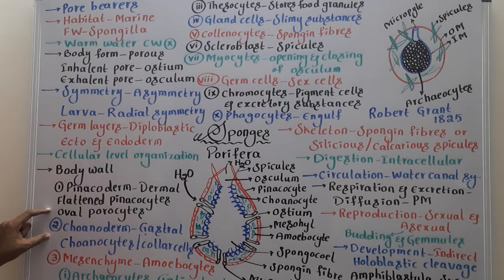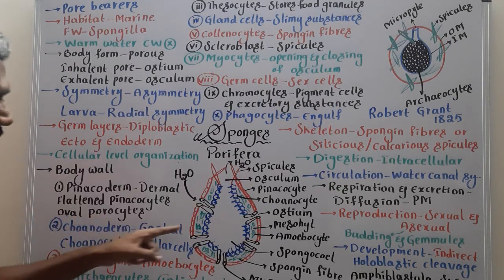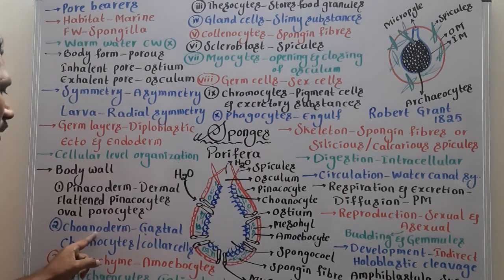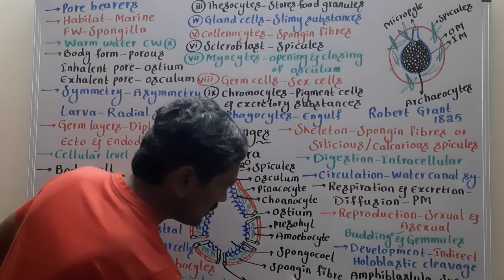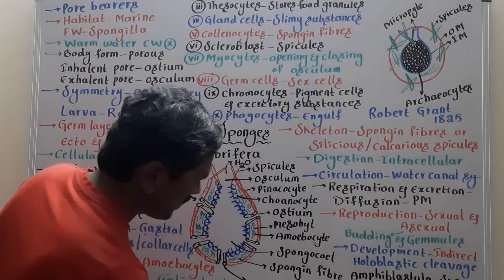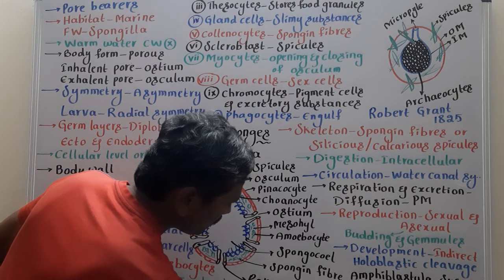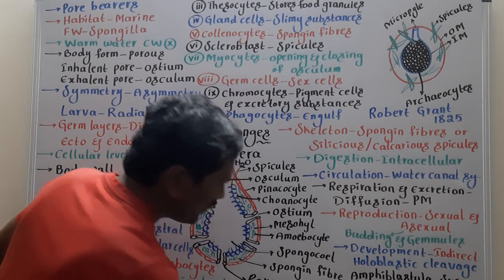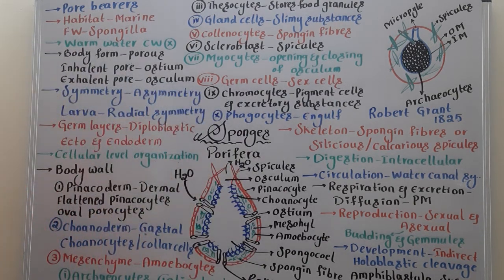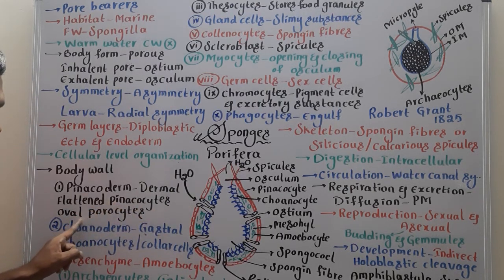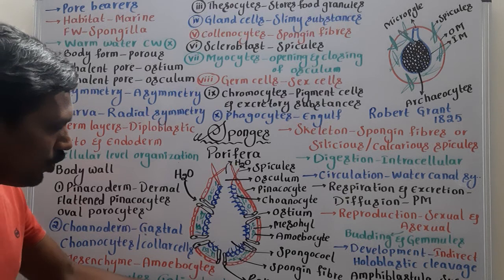And the choanoderm, if you see, the innermost blue color layer is called the choanoderm. Here, I am sorry, these are not called myocytes, these are called porocytes. So here, the flattened pinacocytes and oval porocytes are present.